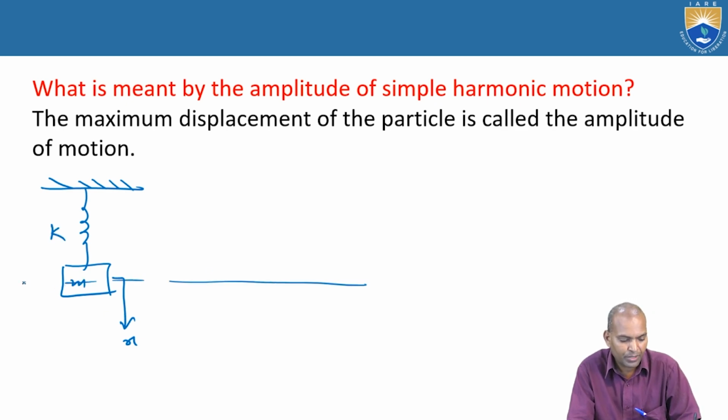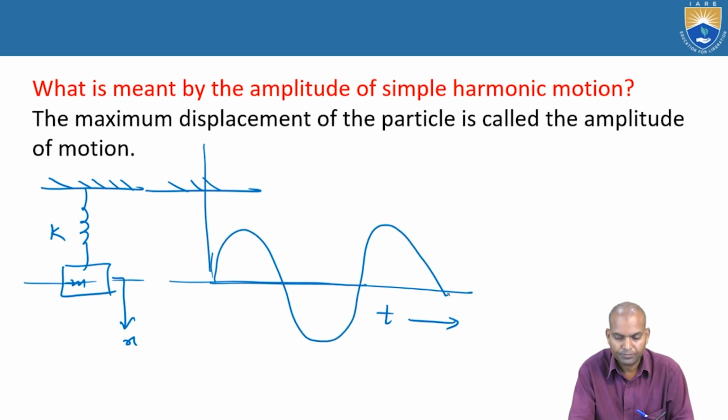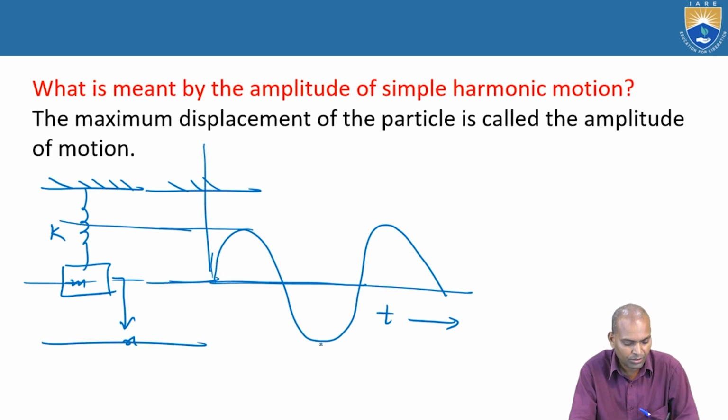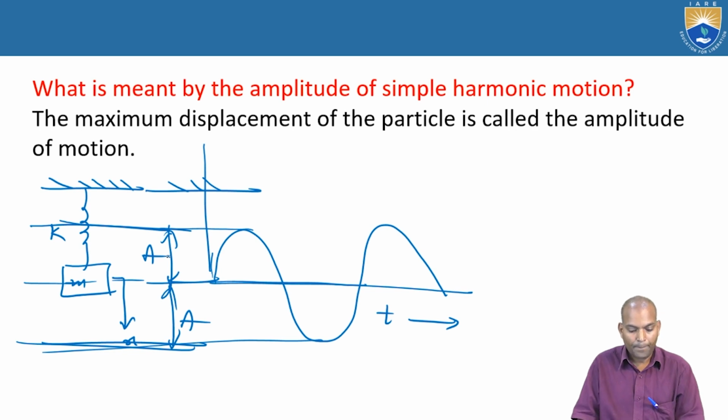If we consider the equilibrium position with respect to time t, the oscillations take place. This is the maximum displacement from the equilibrium position, either upwards or downwards. This is known as amplitude. But what about another term, the maximum displacement? This is the position x versus time graph, x versus t.